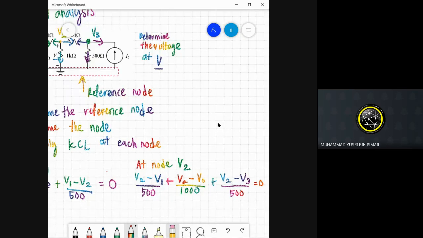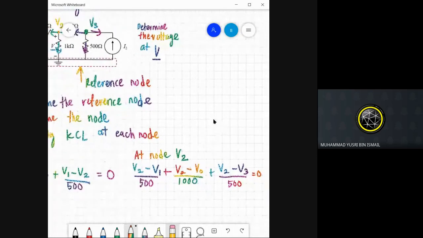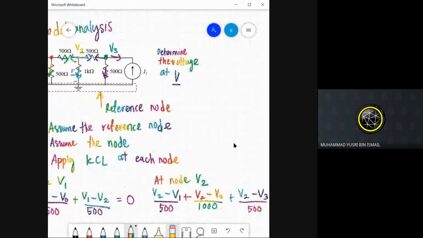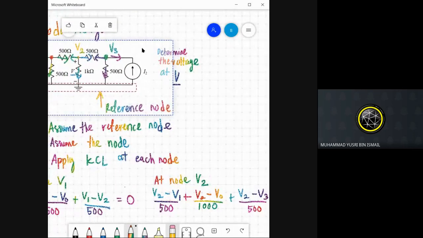Now we have the node at V2, and then we go to the node at V3.